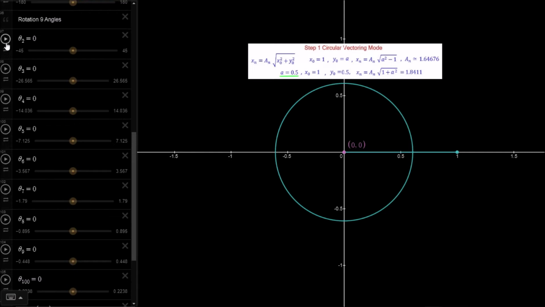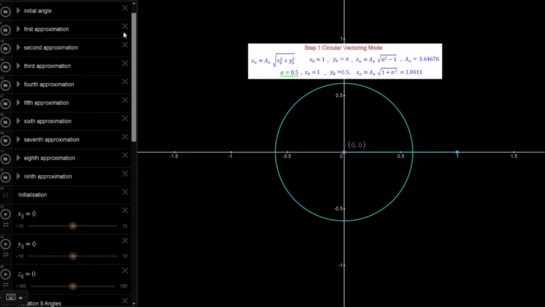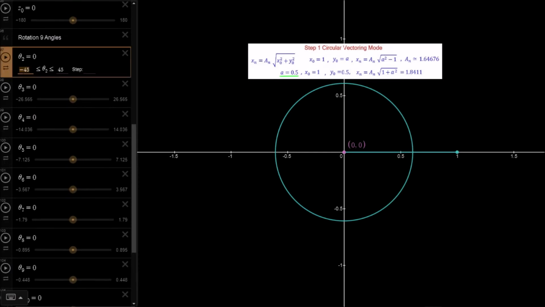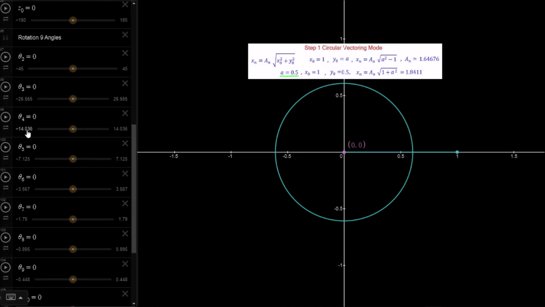So for example, this is a circular vectoring mode. So we're going to be adding on and taking off the angles that we require in the circular mode, and I've already put those angles in. So you can see here we've got an angle of 45 degrees, an angle of 26.565, and 14 and 7 and so on and so forth.